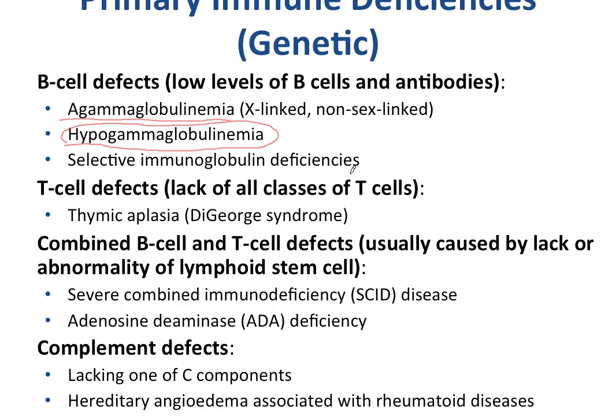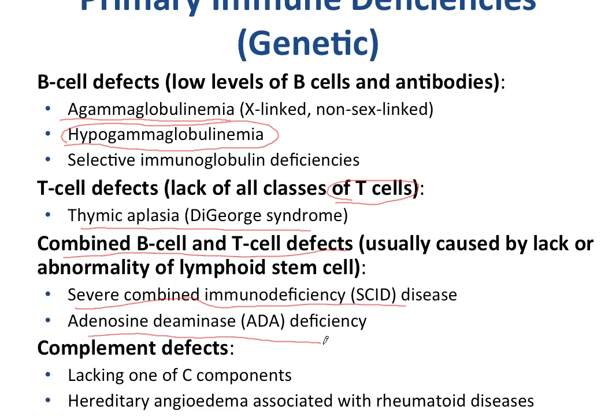T cell deficiency means the number or function of T cells gets into trouble. We have thymic aplasia, DiGeorge syndrome. Combined B cell and T cell defects: if a patient has both B and T cell defects, the patient will have severe combined immune deficiency and adenosine deaminase deficiency.